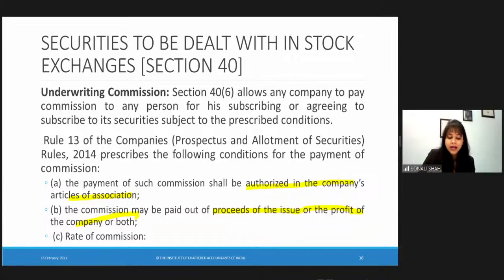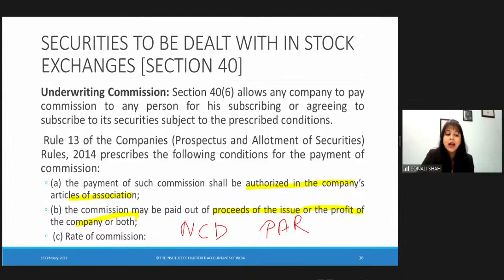For remembering the requirements under underwriting commission, I have developed a mnemonic that you can write down. NCD PAR. Now, N stands for not paid on shares not offered to the public.